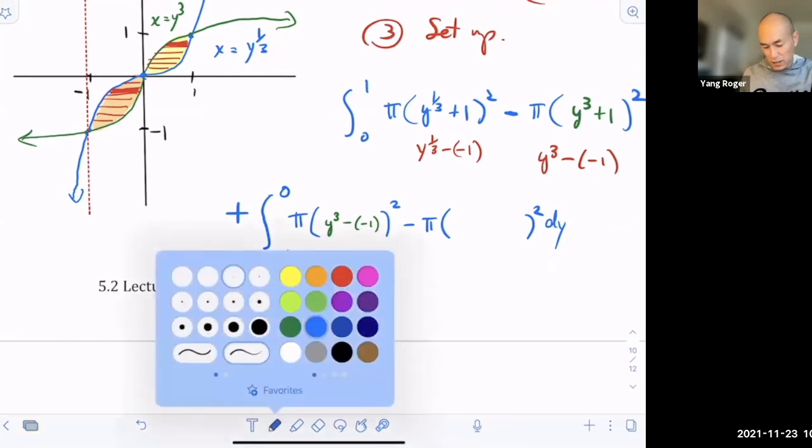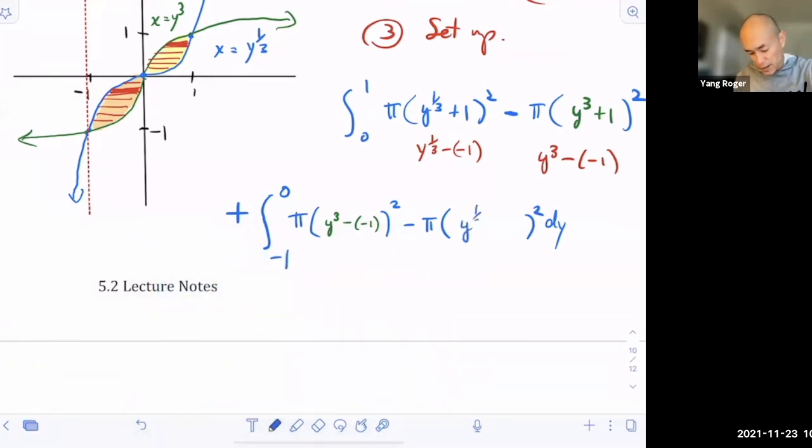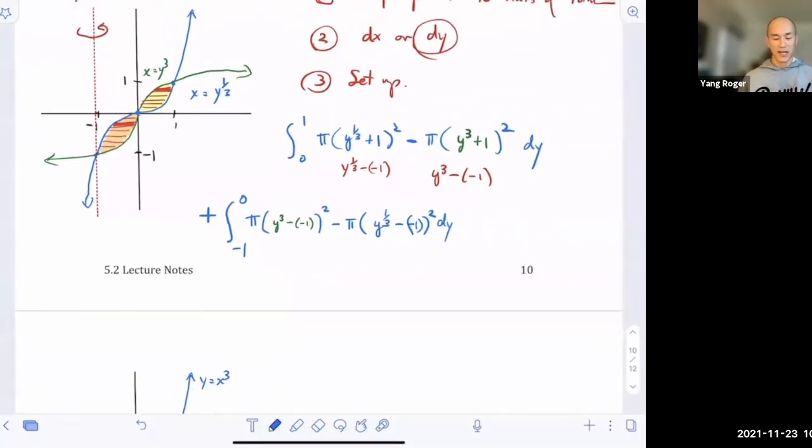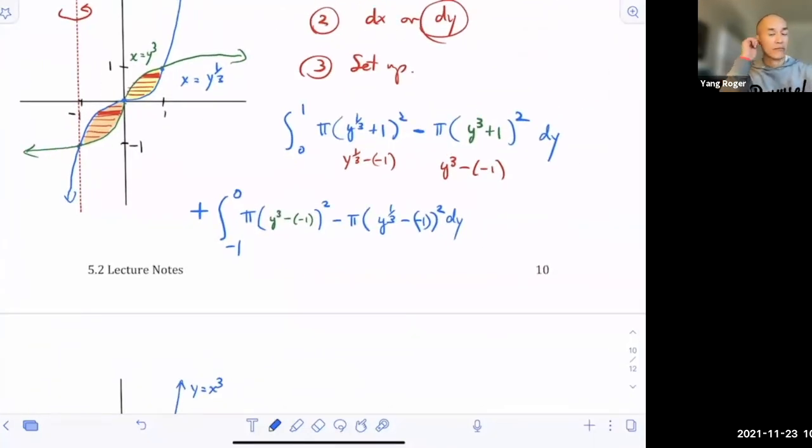So this should be the cube root of y. And we want to subtract the two functions. In other words, if I want the distance from here to here, I just subtract the x values. So I take the bigger x value, which is the one on the right, and subtract away the smaller x value, which is the one on the left. So this will be minus -1. And this would be the setup for this particular volume.